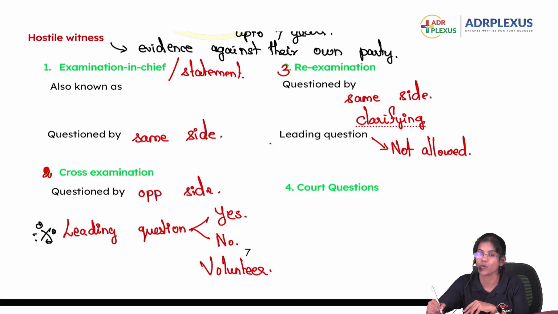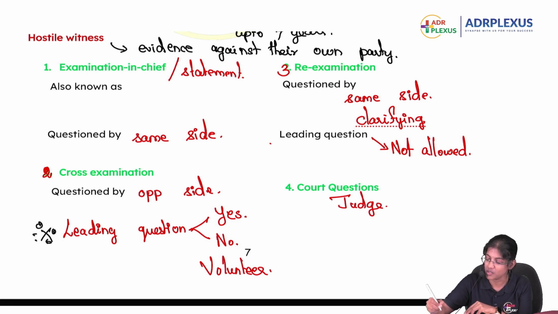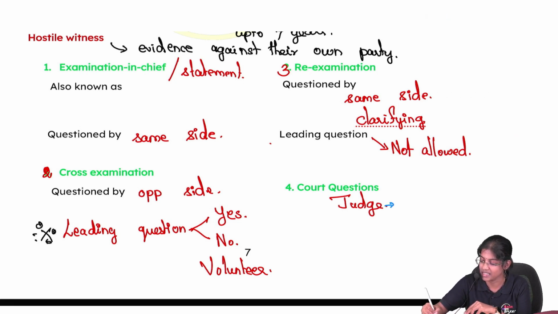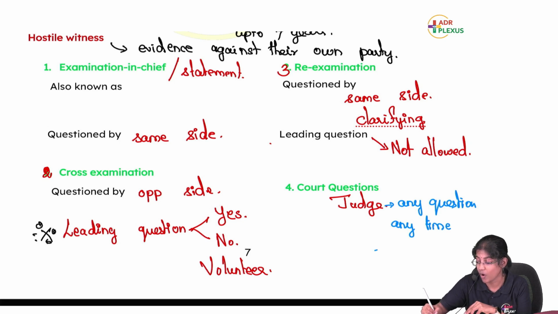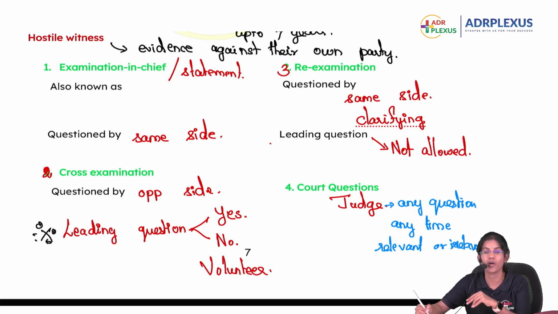Now, question by court. Question by court is the judge. Remember, the judge has power. He can ask any question, any time, relevant or irrelevant. Now this is important for us.